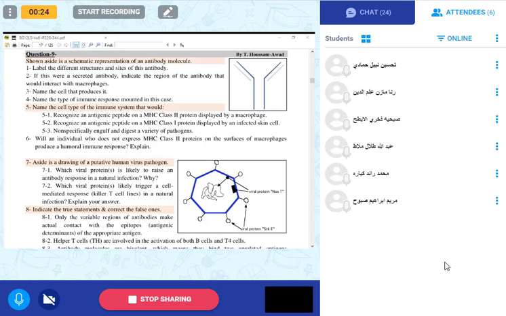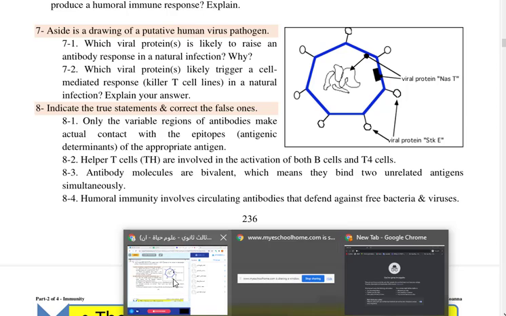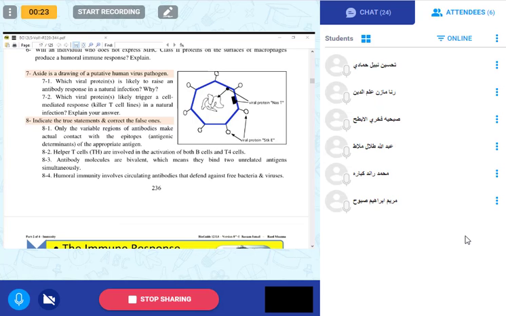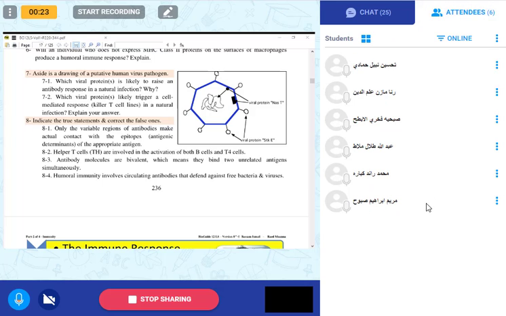Who can read now? Rana, Subhiyeh, Abdullah, Tahseen, Mohammad. We want someone to read, not Mariam every time. No problem, read Tahseen.